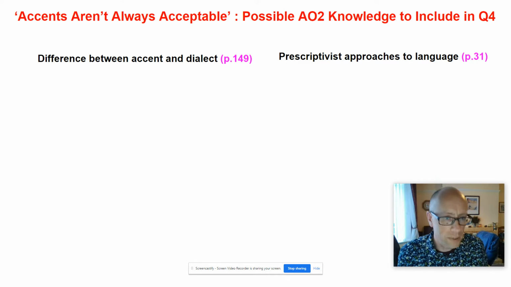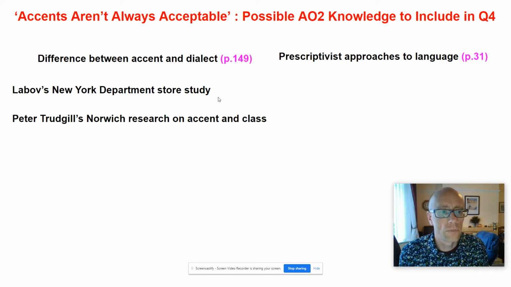There is a big difference between accent and dialect, of course. Accent is phonological, so it's purely to do with the sound of the language, whereas dialect includes lexis, vocabulary, and grammar, and some people include phonological features as well. So accent and dialect are different then. So you could get some mileage out of explaining about those things.